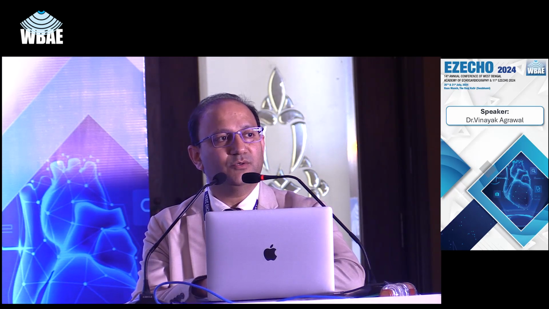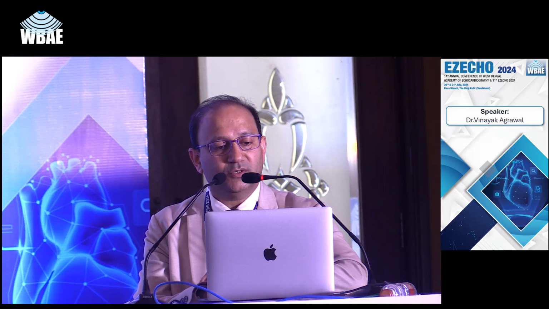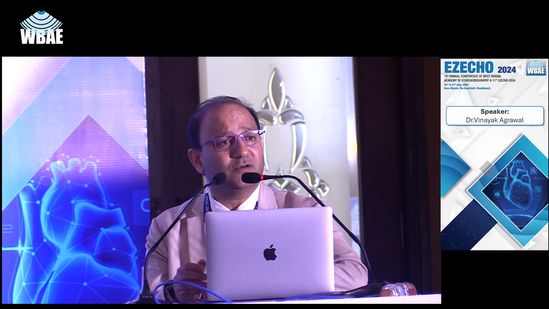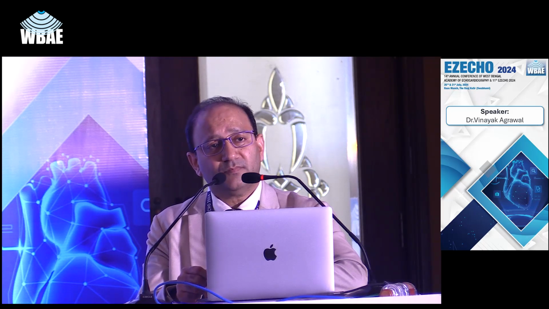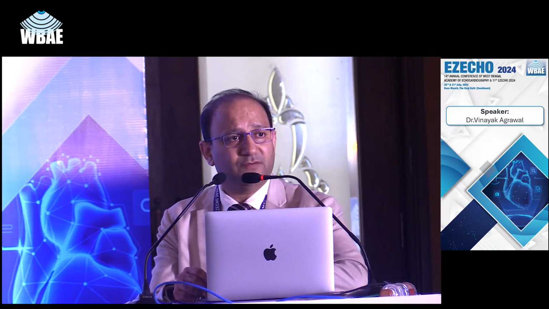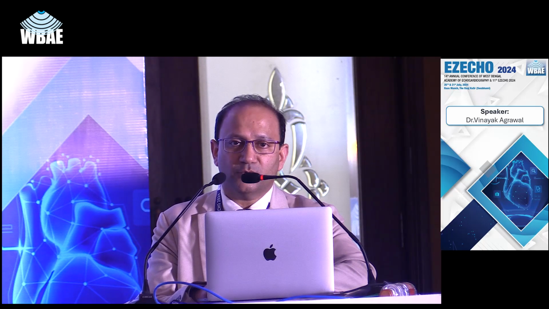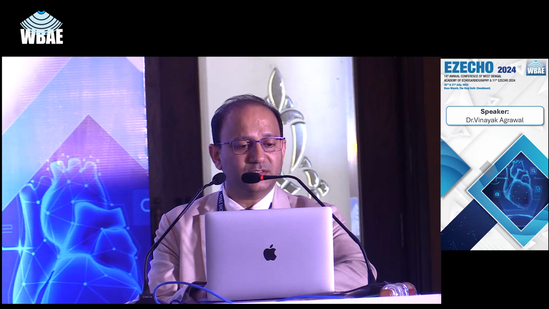Now, how do you evaluate these people when you come across somebody who is in shock? So you look at the history. Somebody may have high-grade fever. Somebody may have very clear signs of sepsis. Somebody may have an underlying connective tissue disorder. So history is very, very important. The chest pain, breathlessness, sudden onset, slow onset, or gradual onset, all this will matter.